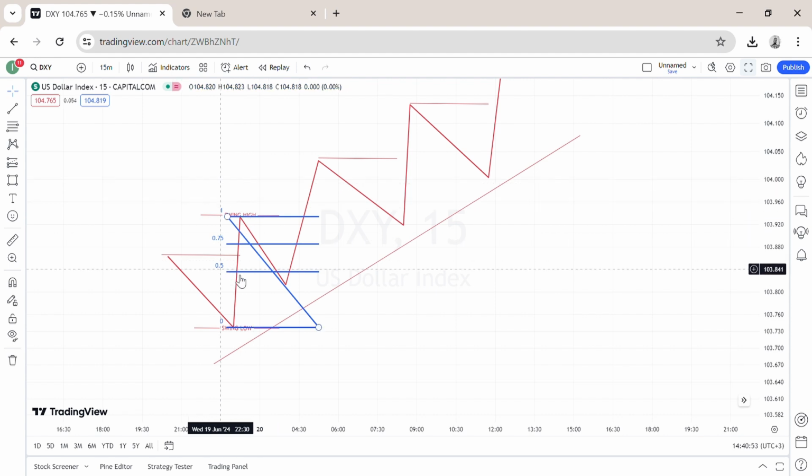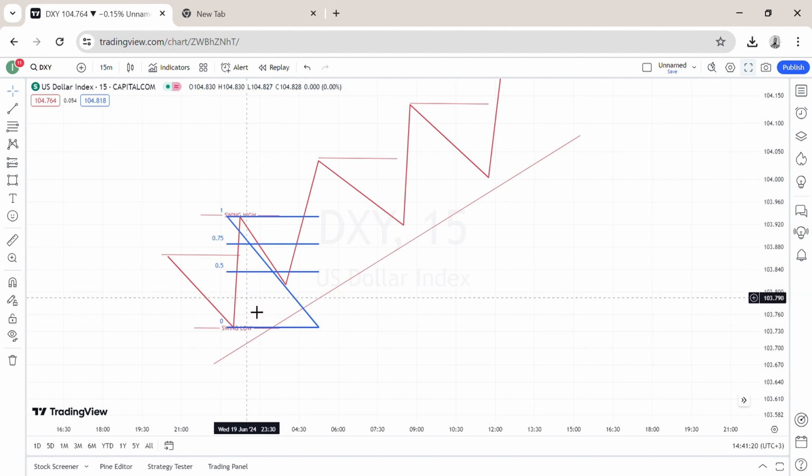When you consider this, the 0.5 level is the equilibrium of the swing. It's the consequent encroachment of this swing. Okay, between this swing high and this swing low, this is the middle of it. Now, below this 0.5 zone, this level to 0, this is the discount.